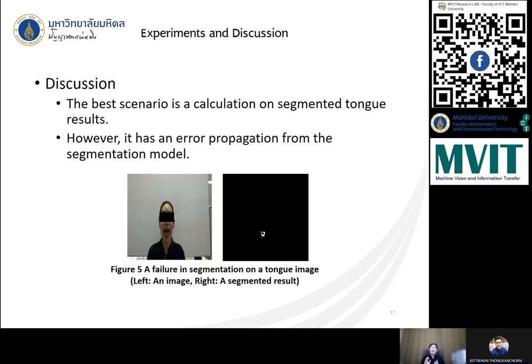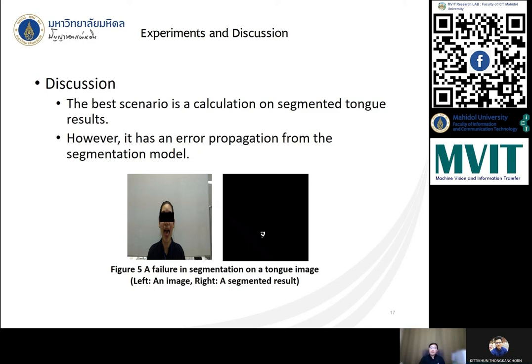That means our technique relies pretty much on the quality of the tongue segmentation. Here we use a deep U-Net to train the model to segment the tongue, and it turned out to be quite good. But for some pictures or videos, we have noise in the segmented area of the tongue, which leads to errors in the estimation of the tongue motion.